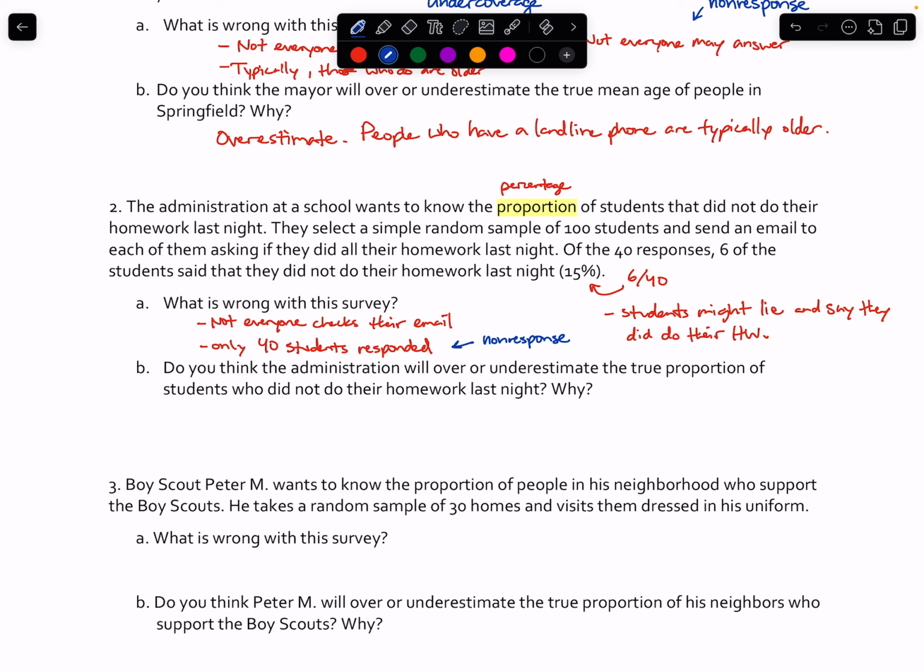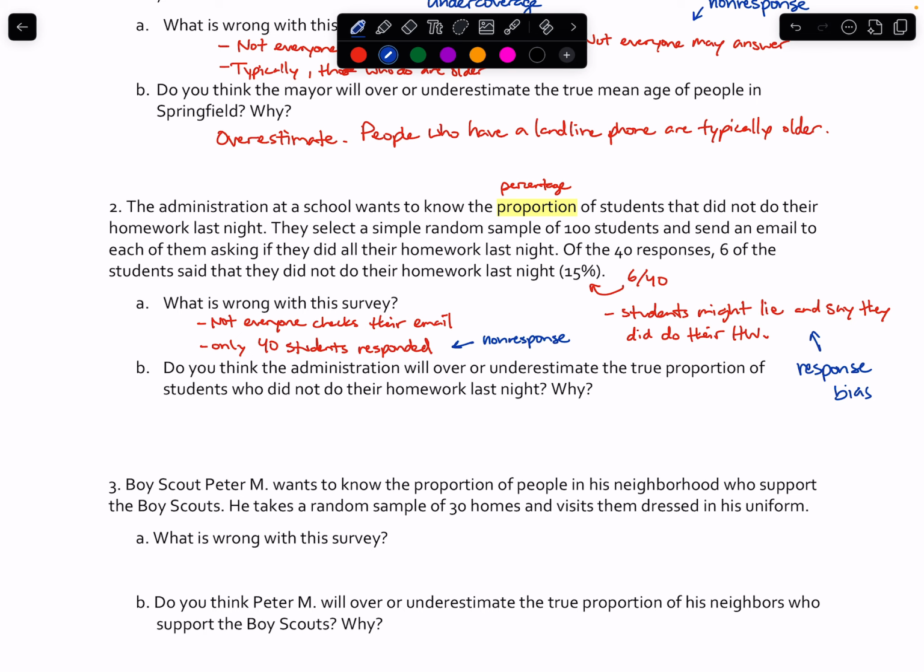This is an example of something we call response bias, where people are more likely to give a specific response simply based off of the question asked and who's asking the question. So there's already some bias built in because they might change their answer based on the scenario. And question B says, do we think the administration will over or underestimate the true proportion of students who did not do their homework last night?